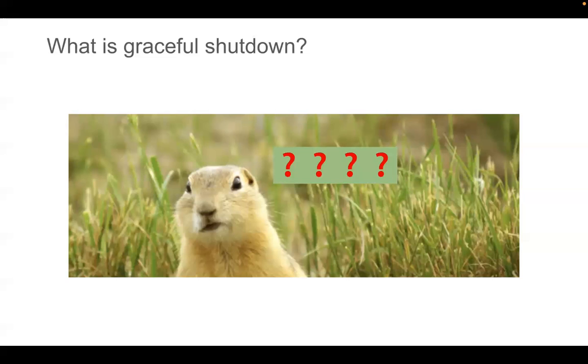Okay, for now we know what a graceful shutdown is, and let's look at how we can do it. For this, we need cancellation. Basically, cancellation helps you shut down your code or your program.